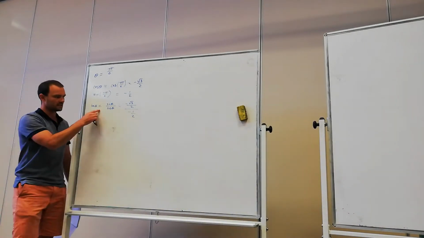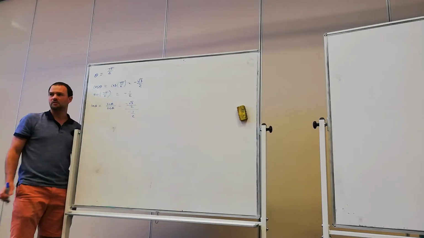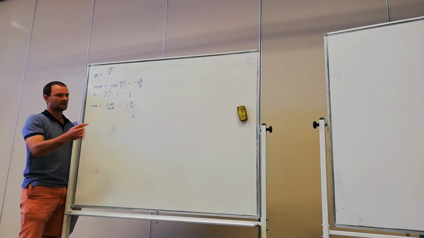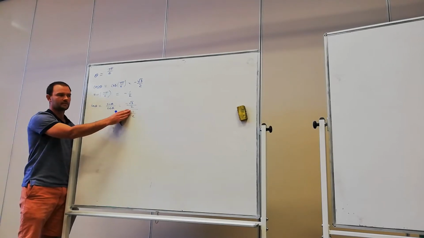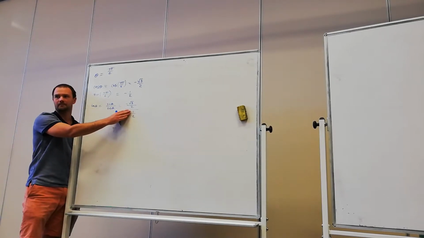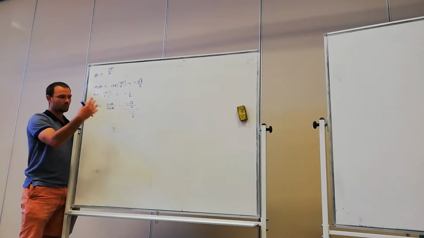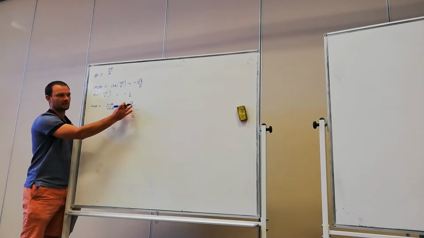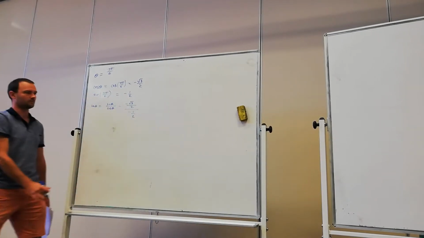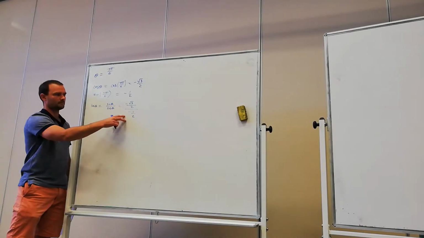Firstly, we've got two negatives in there, which means they're going to cancel. We've got a negative divided by a negative, so we can just get rid of them straight away. If there's only one negative present, then it's going to be negative. If there's two, they're going to cancel. If there's three negatives, then it's going to be negative as well. But you should never end up with three negatives because that negative belongs to the whole fraction. So if there's one negative, the whole thing is going to be negative. If there's two, it'll be positive.